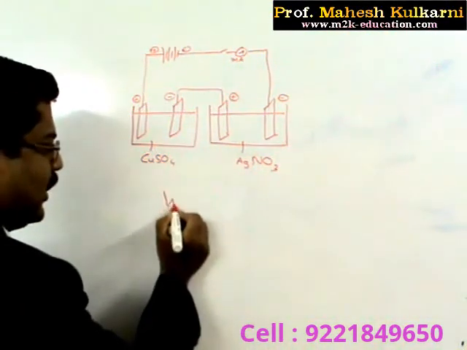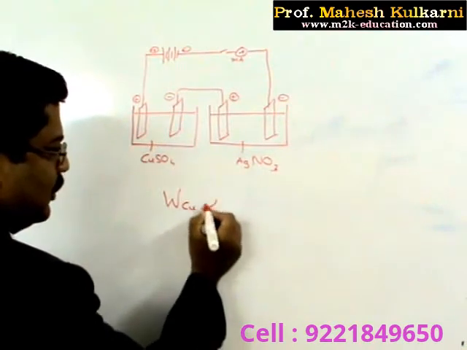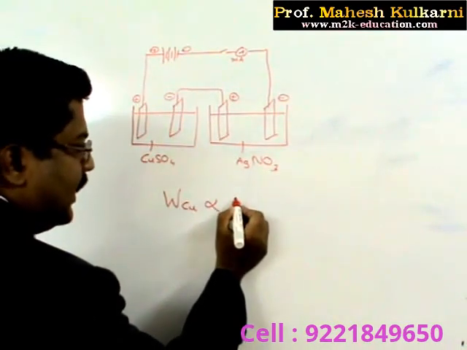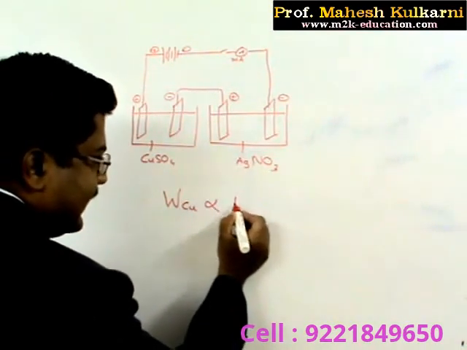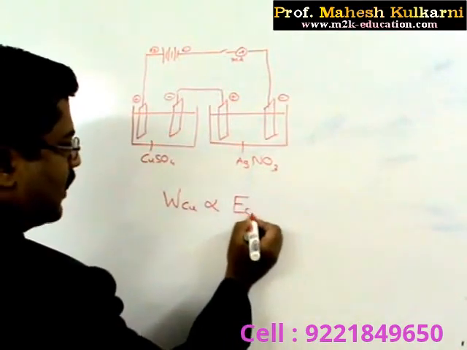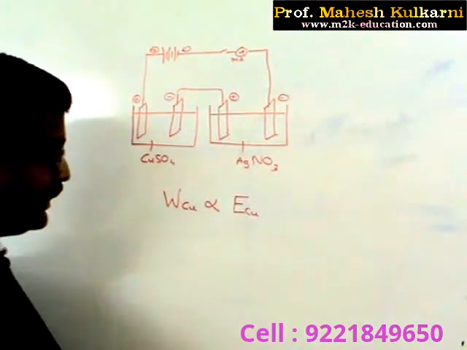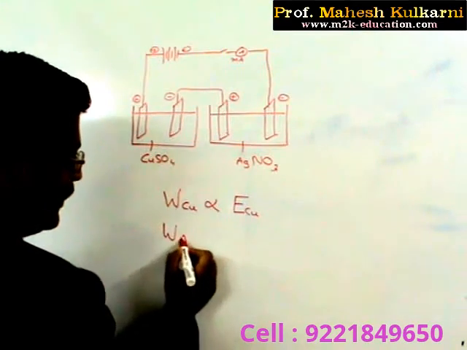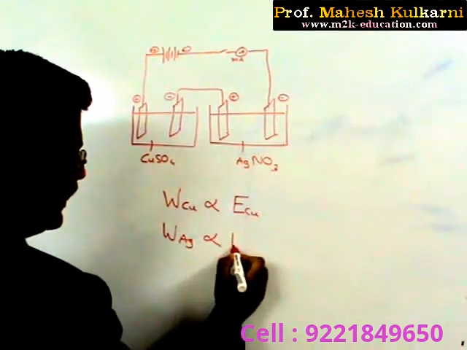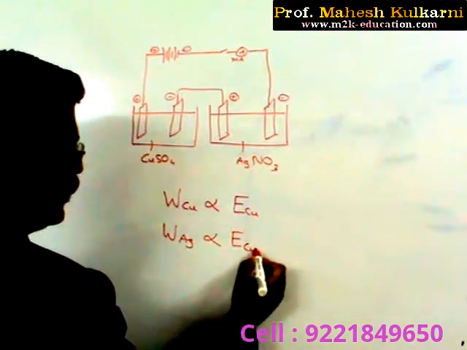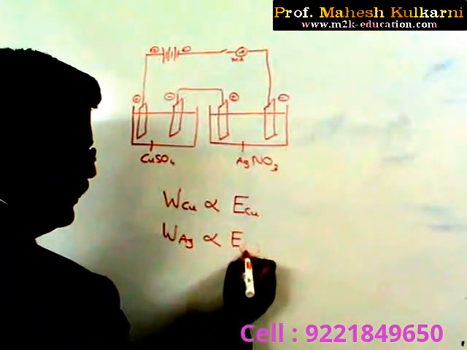That means the weight of copper deposited is directly proportional to the equivalent weight of copper. In the same way, the weight of silver deposited is directly proportional to the equivalent weight of silver.